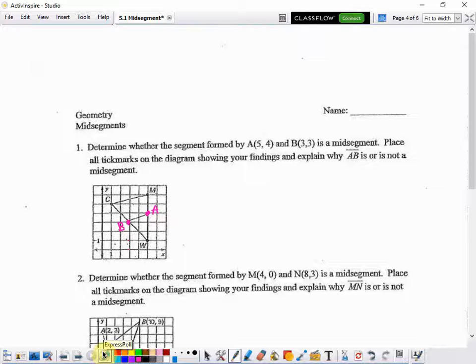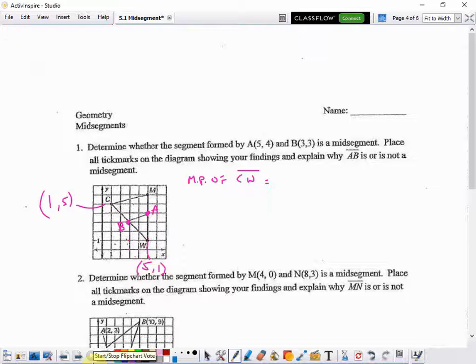We could find the midpoint of MW and see if that is A, and then CW and see if that is B. Let's do CW first. So midpoint of segment CW. For point C, the coordinates are 1, 5, over 1 and up 5. For W, over 5 and up 1.